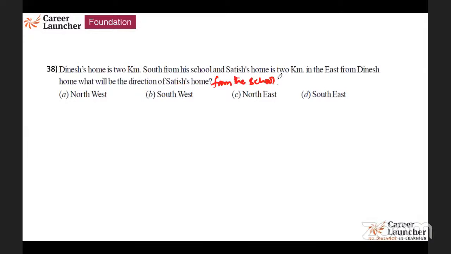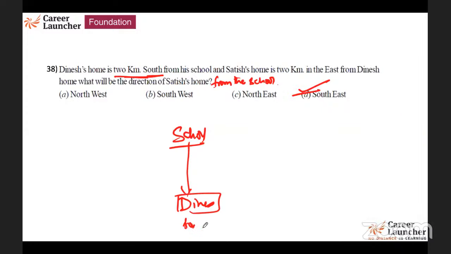Okay, got it. All of you are getting it right. The answer for the 38th one is B, southwest. Dinesh's home is 2 kilometers south from his school. Let's say school is here. Dinesh's home is 2 kilometers south. And Satish's home is 2 kilometers east from Dinesh's home.